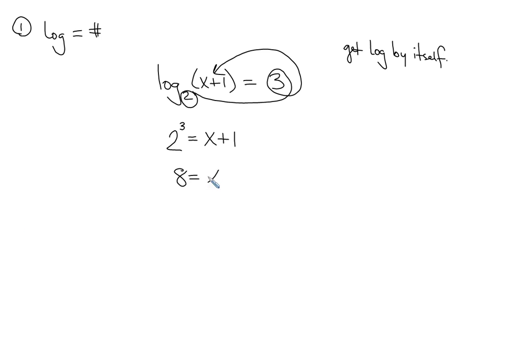So we get 8 equals x plus 1. What do we do to get x by itself now? Subtract the 1, which gives us x equals 7. Any questions about that, guys? Is that easy enough? A log equal to a number is very straightforward. You make sure the log is by itself. If it's not, you get it by itself, and then you just unravel it and go from there.